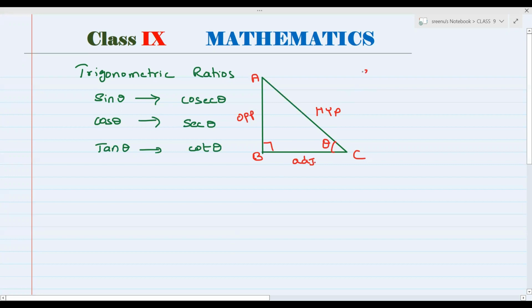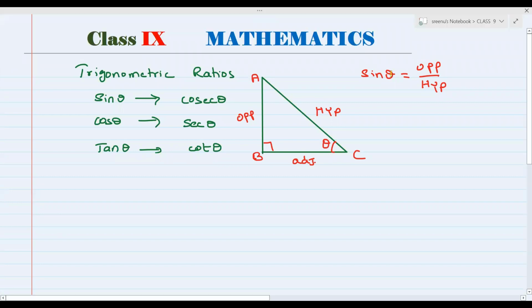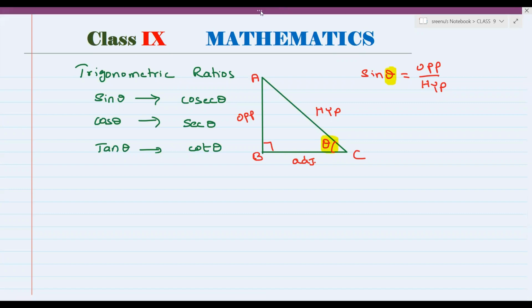Now sin theta first I will write. Sin theta is defined as the ratio of opposite side and hypotenuse. Opposite to which angle? Opposite to the acute angle, this theta. We are defining sine according to this angle.